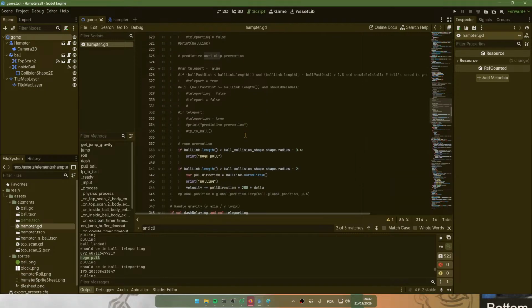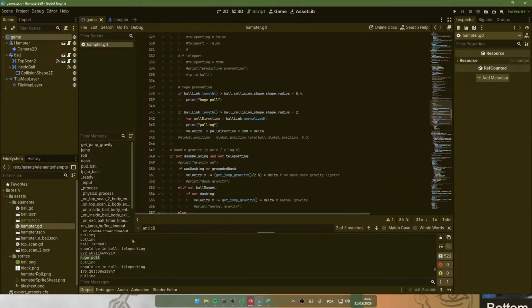So with that in mind... But hold on. No, pulling, huge pull. I mean, the huge pull triggered, but the should be in ball didn't trigger. So there was a huge pull trigger that wasn't related to him getting outside of the ball.